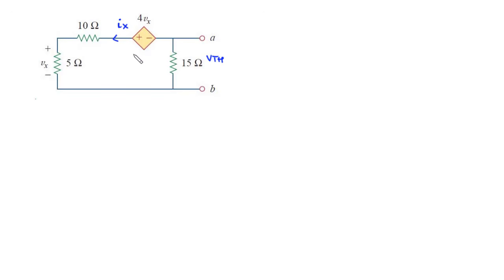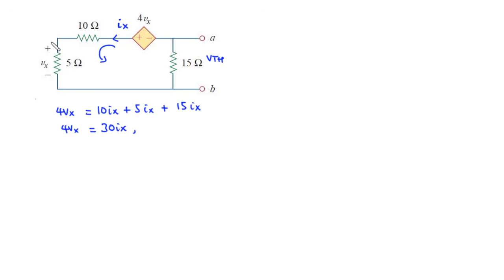So we have this Ix flowing through 10 ohms, 5 ohms, and then 15 ohms. So we are taking the anticlockwise direction. We have the source voltage to be 4Vx, that is equal to 10Ix plus 5Ix plus 15Ix. Now 10 plus 5 plus 15 is 30. So we have 4Vx equals 30Ix.